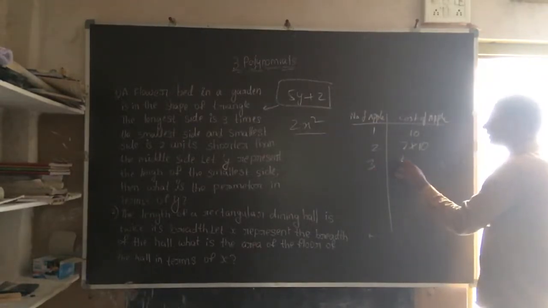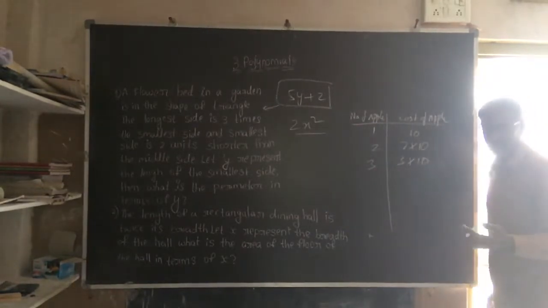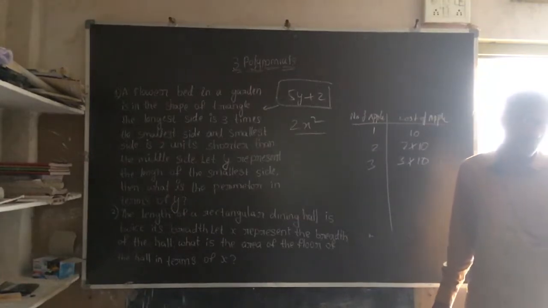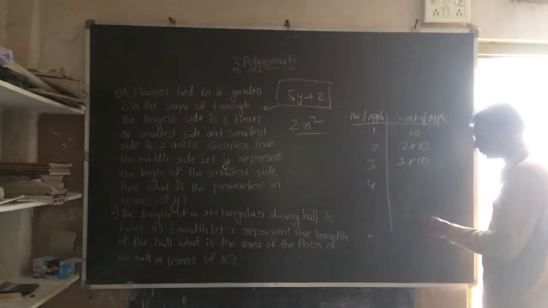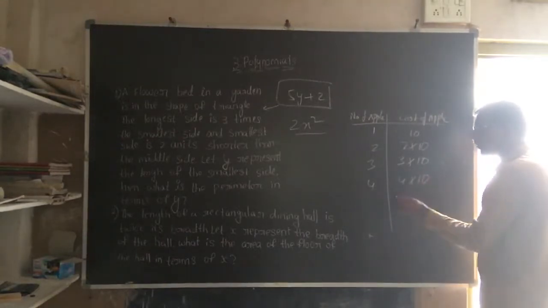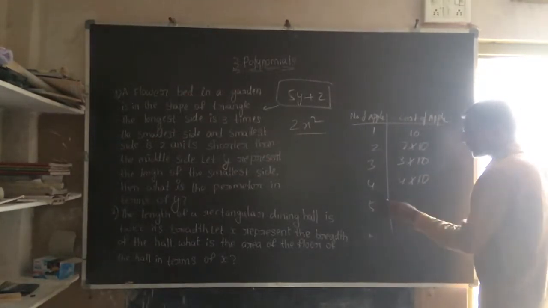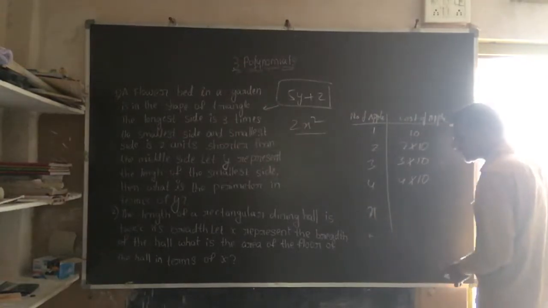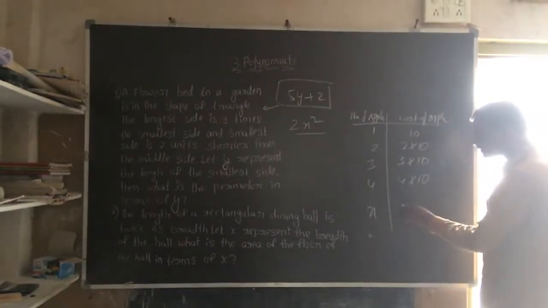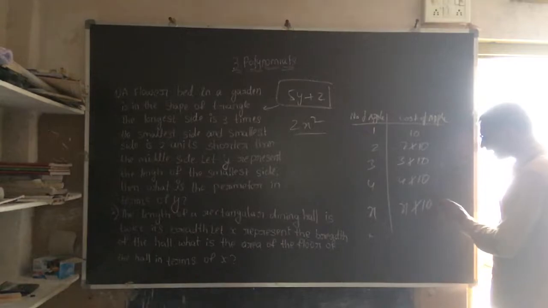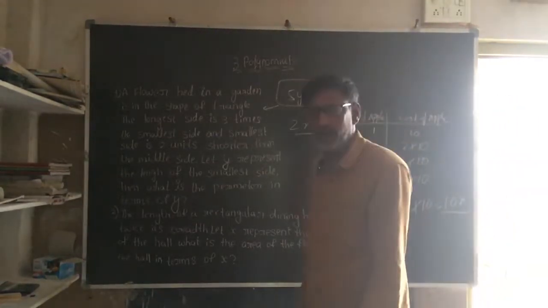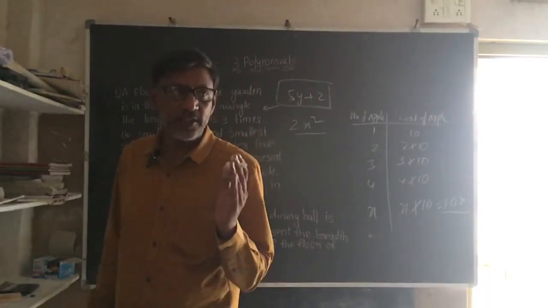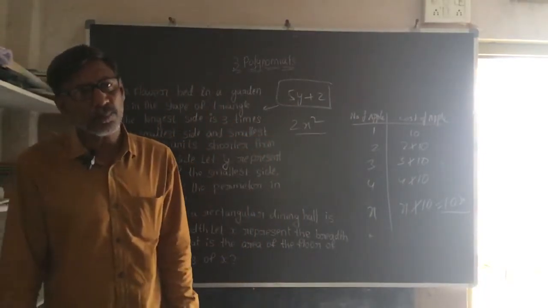Three apples cost 3 times 10, that is 30 rupees, right? 4 apples cost 4 into 10. X apples cost x into 10. Very good. Can I write it like 10x? This is also a polynomial. In this manner, we can write so many polynomials.